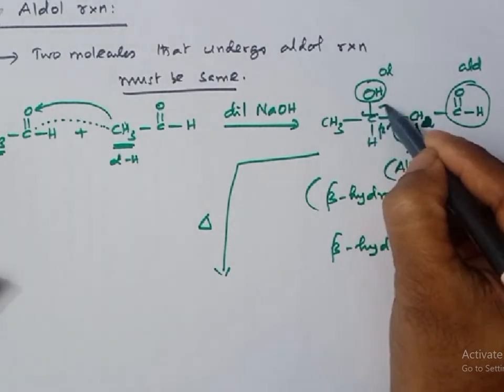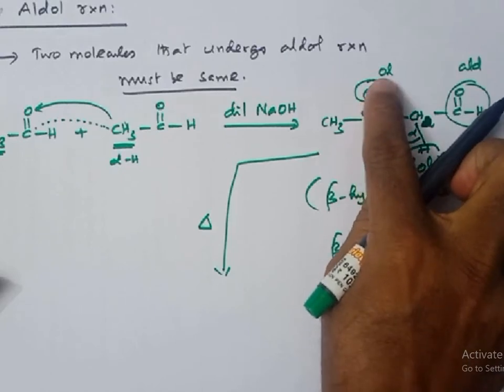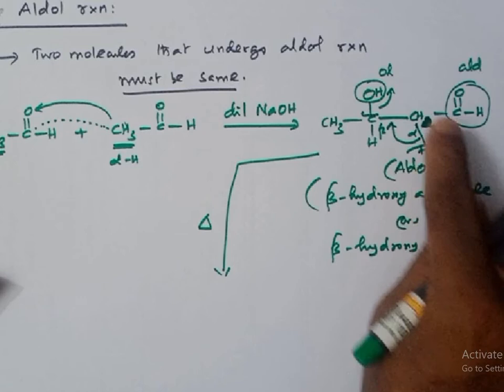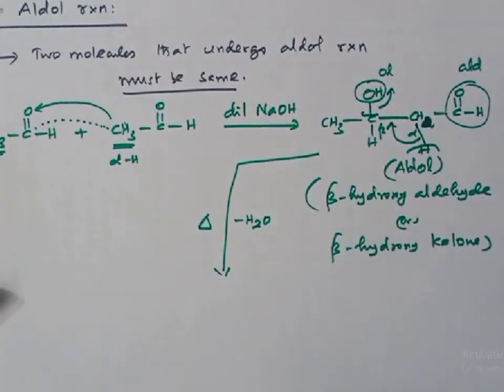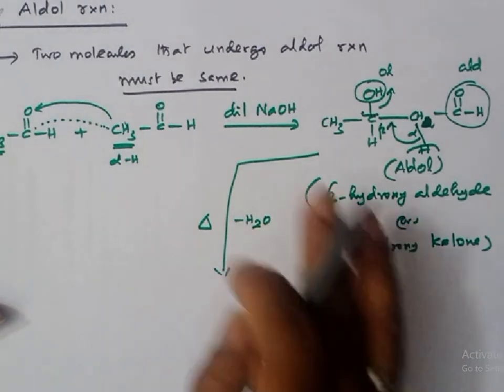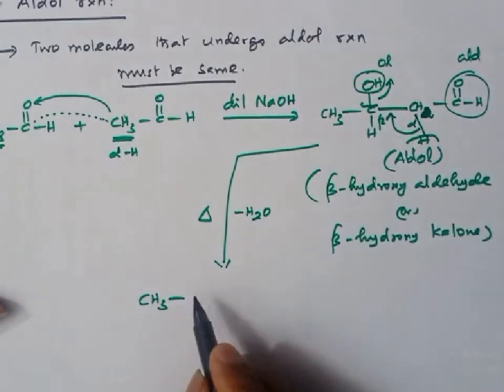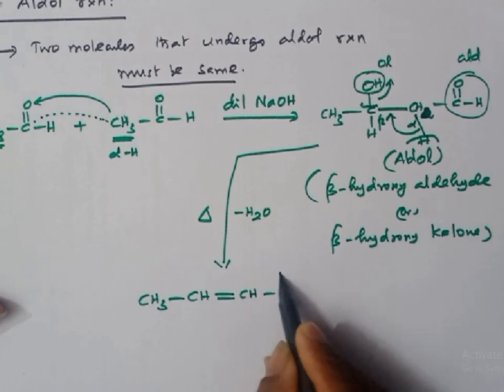Once this bond forms a double bond, the other bond breaks and the group comes out as OH minus. H plus combines with OH minus and forms water. Elimination of water takes place, and you will get the product CH3 CH double bond CH C double bond O H.